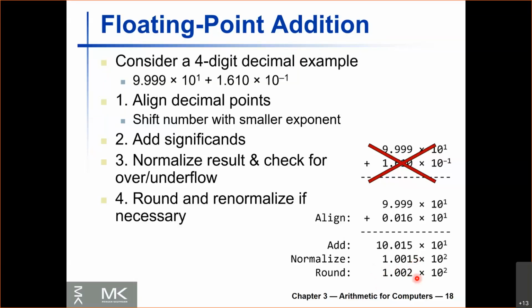It doesn't happen too often, but it's possible that after I round, my value becomes not normalized anymore, and I'm going to have to renormalize and round again if necessary.